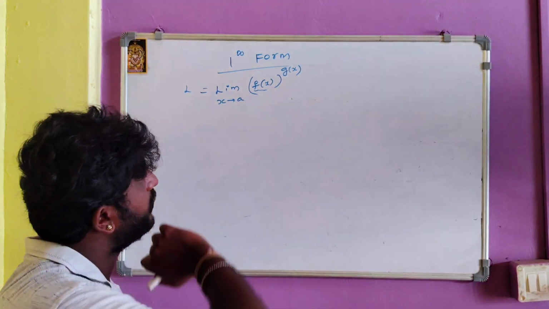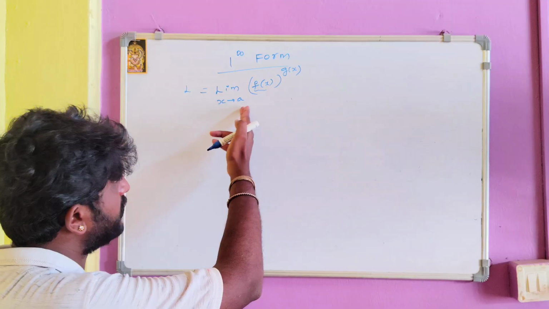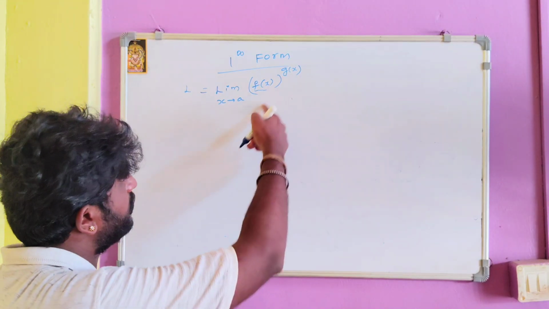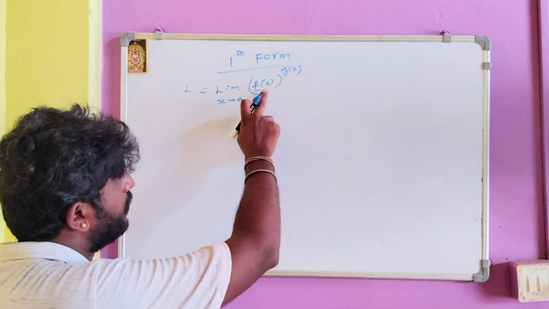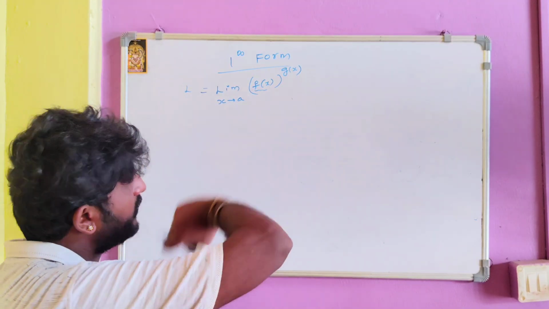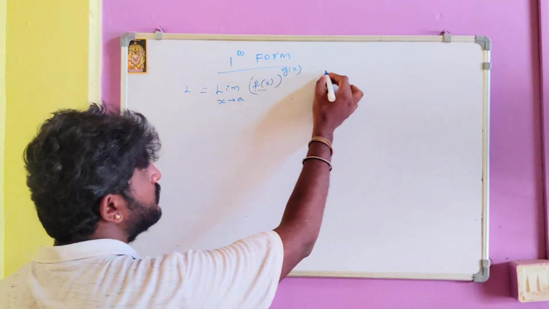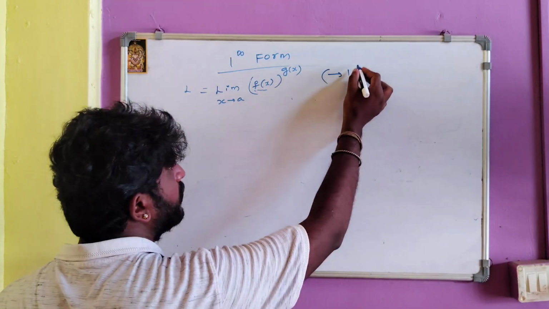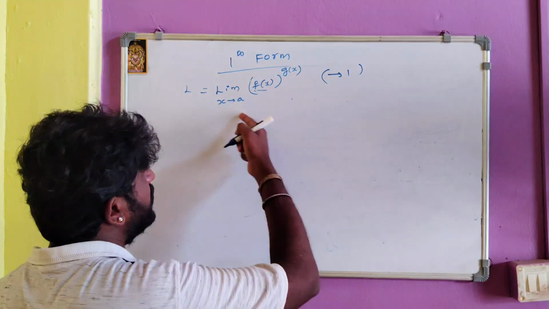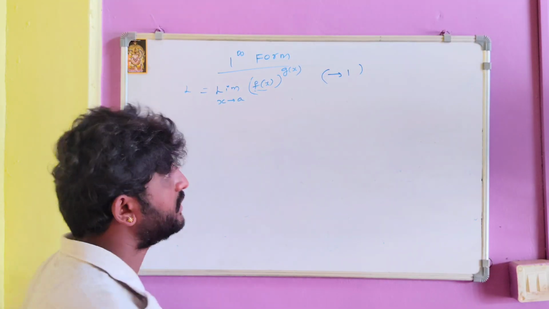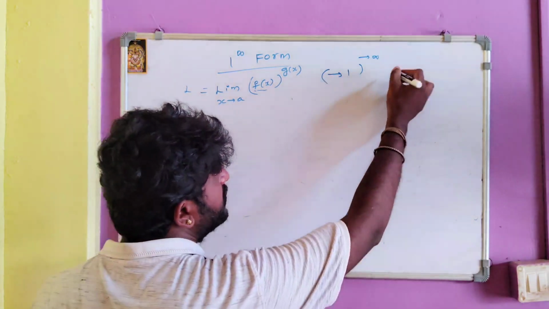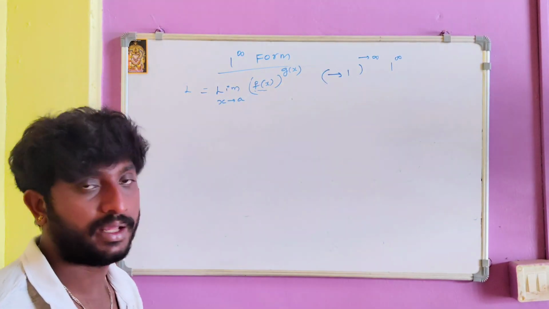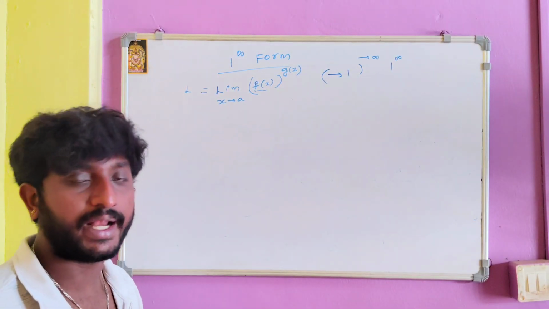If the given limit is of the form limit x tends to a of f of x whole raised to the power of g of x, and if you apply the limit, f of x approaches 1 and g of x approaches infinity, this is written simply as 1 raised to the power of infinity. We call this the 1 raised to the power of infinity indeterminate form.